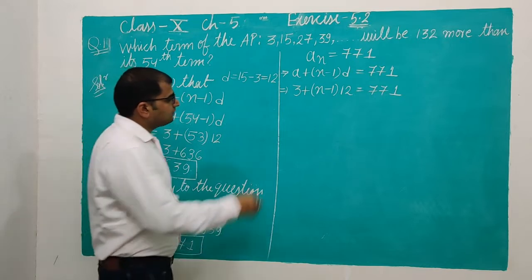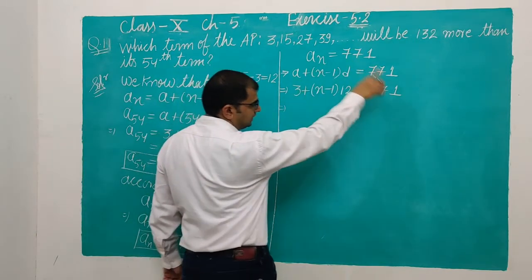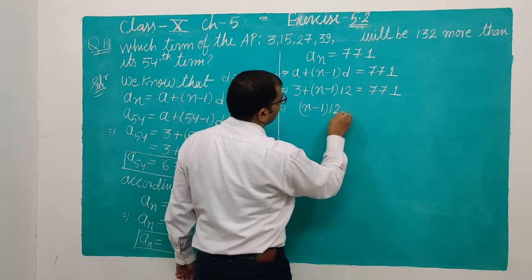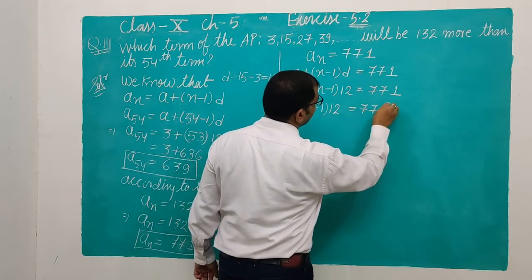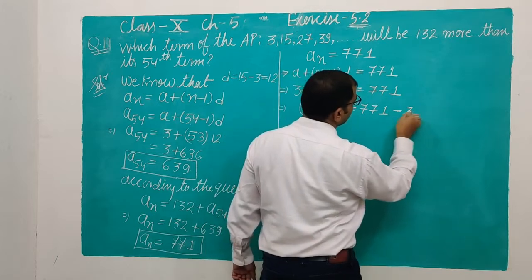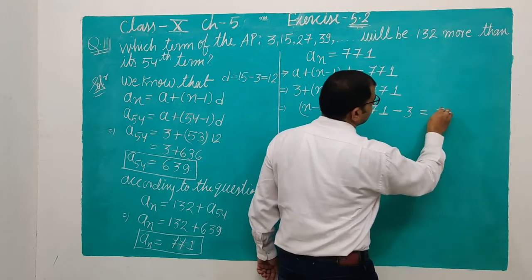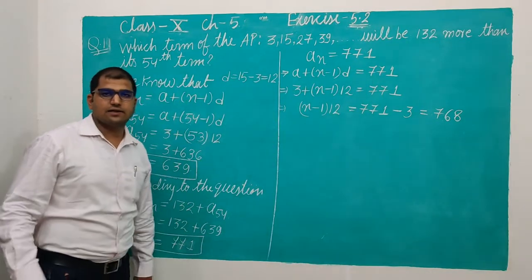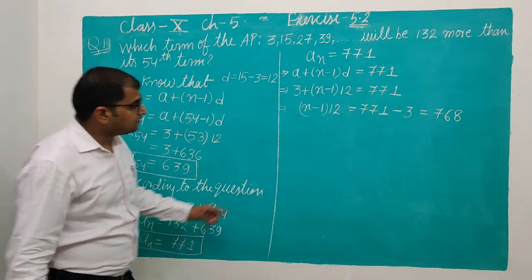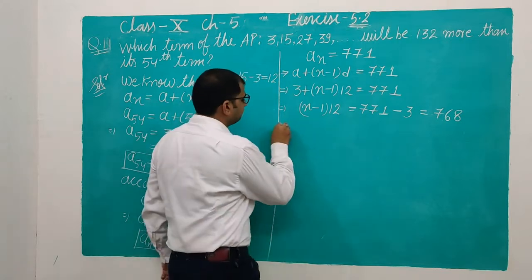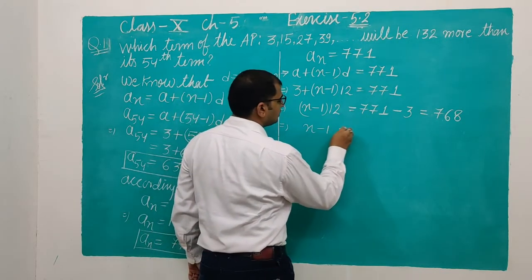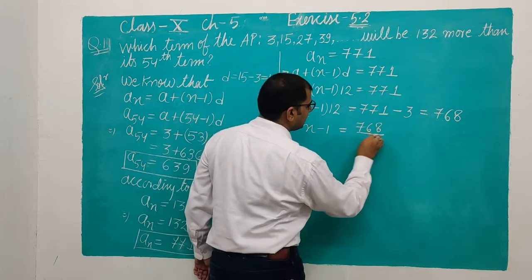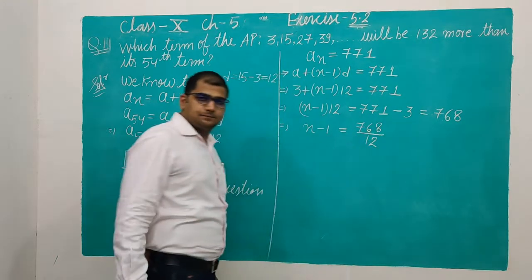Okay, then after transpose this one 3 to that side firstly, that is n minus 1 multiplied by 12 is equals to 771 minus 3, which is equals to 768. What we get? That is 768. Then after this one, 12 divide that side, that is n minus 1 equals to 768 divided by 12.